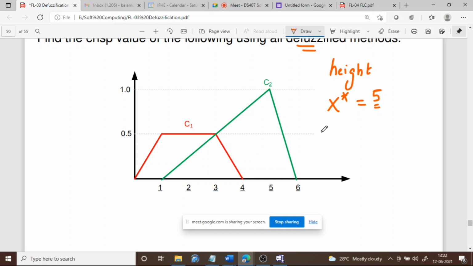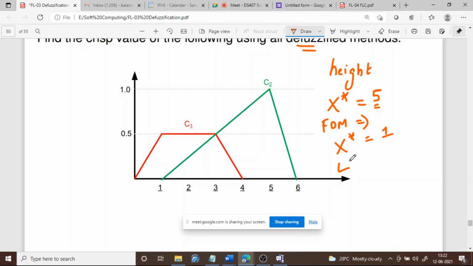Fine. Consider this C1 alone. If you apply the FOM technique, what will be the crisp value? What will be x star? Yes, x star will be 1, because here it's getting the maximum value.